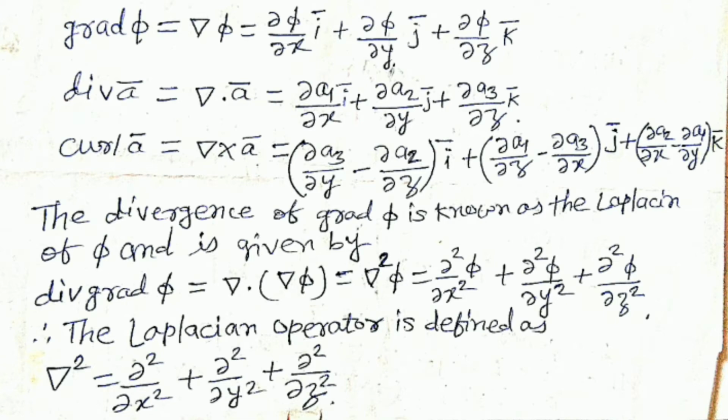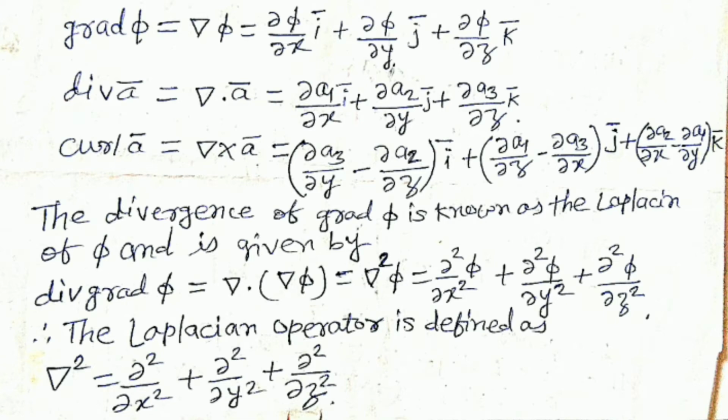The divergence of gradient phi is known as the Laplace of phi, which is given by divergence of gradient of phi, equal to del dot of del phi.